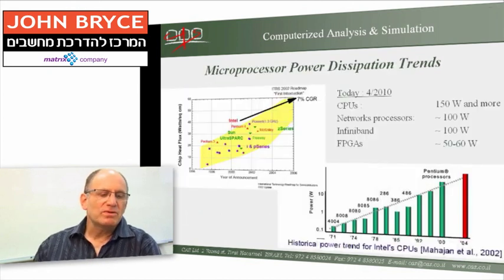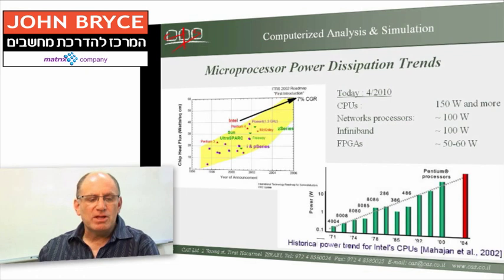This slide shows the microprocessor power dissipation trends. The graphs are old, but the trend is the same. We can see the power changing over the years, and the power is increasing every year. Today, we can see that the CPUs are 150 watts.